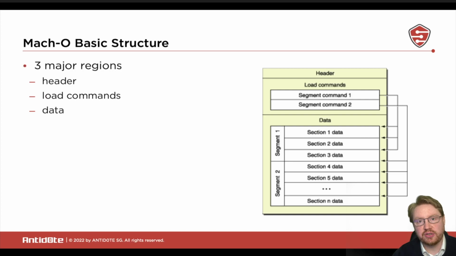Then you have a region called the load commands, a dynamic-length area that specifies more about the structure of the file and information required for loading it. And then you have the biggest area, the data area, which contains all the information that does not fit into the other two, for example the content of segments, code signing information, and all the stuff that is quite large.